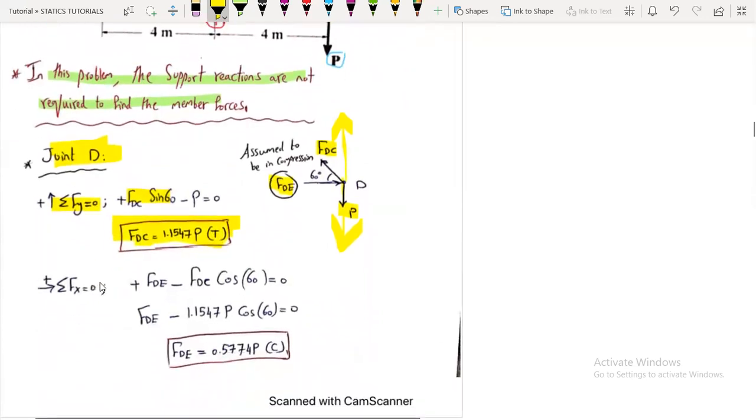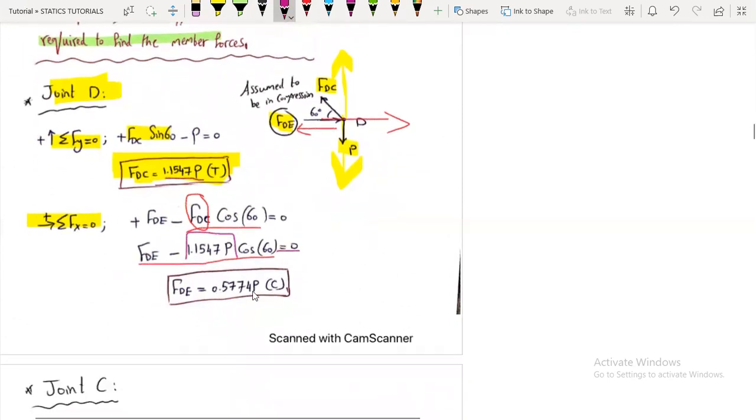Now taking the summation of forces in the x direction, so plus FDE minus FDC cosine 60 equals 0. The value of FDC is 1.1547 P, so I have replaced it by its value and equated it to 0.